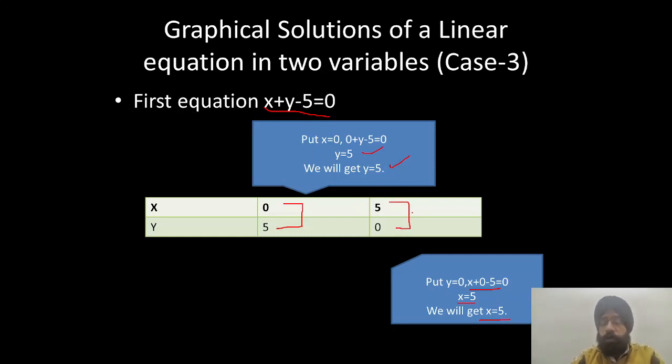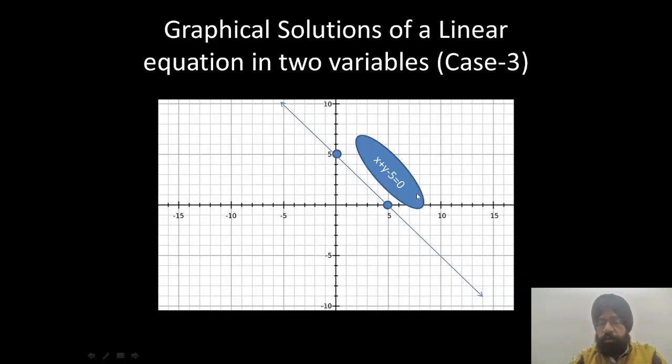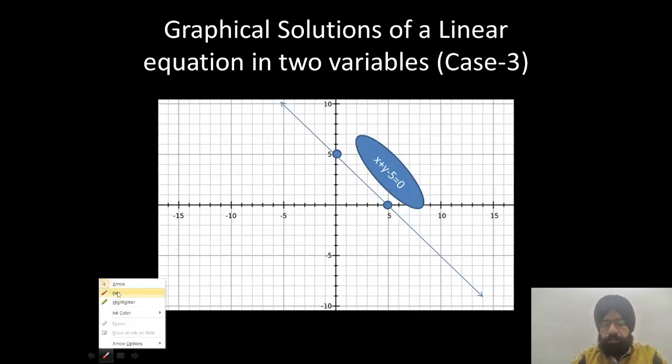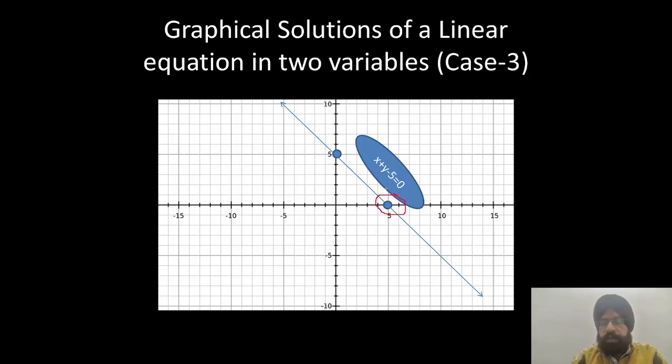You all know that now we need to plot both these points on the graph. This is 5 comma 0, and this is 0 comma 5. Now see it carefully.